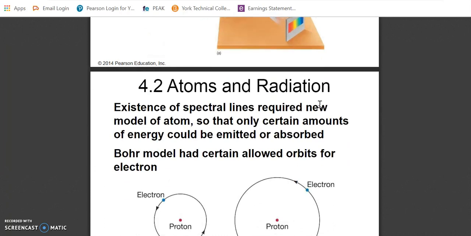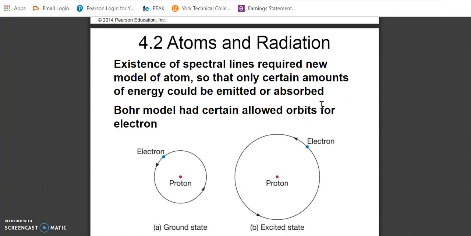All right, so why do these lines come about? It really has to do with the arrangement of electrons in a particular atom. Sometimes that's called electron configuration. So different atoms, hydrogen, helium, the entire periodic table, have the electrons in different energy states.